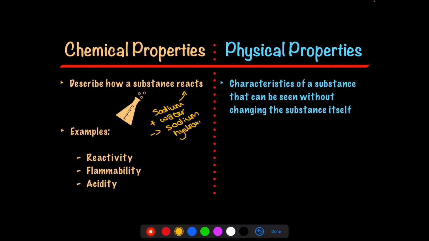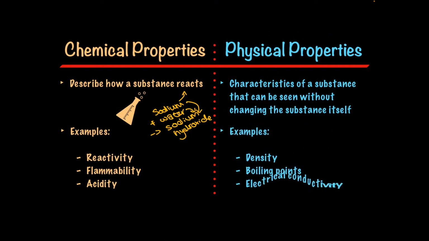It's a compound, which we'll look at in the next slide, but it's one of the products of this reaction, and the substance has changed. Sodium has changed into sodium hydroxide, along with some elements from water. So you can't derive the physical properties of sodium from this reaction. You need to look at the physical properties.